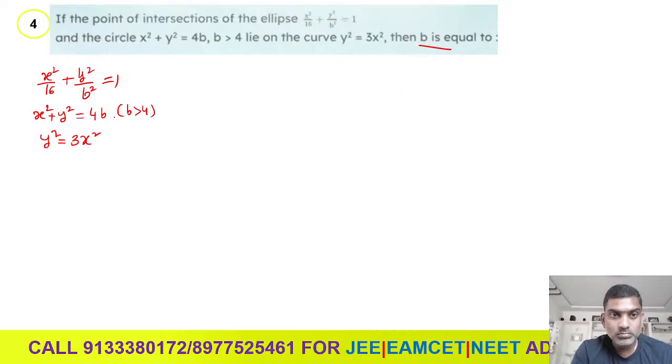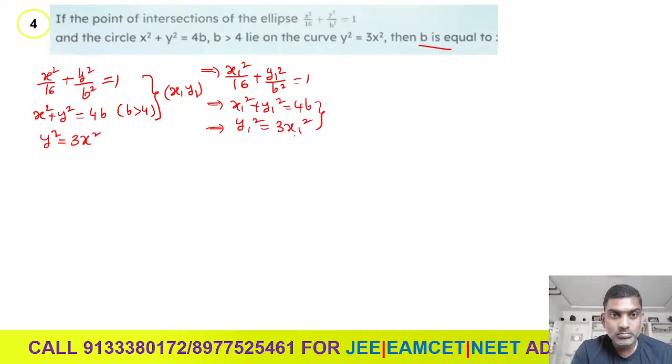So let us take the point of intersection of these as x1 comma y1. Then these three equations will become x1 square by 16 plus y1 square by b square equal to 1, x1 square plus y1 square is equal to 4b, and y1 square is equal to 3x1 square.